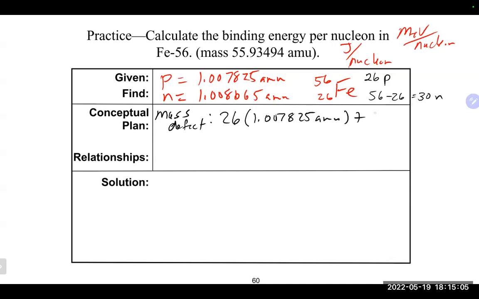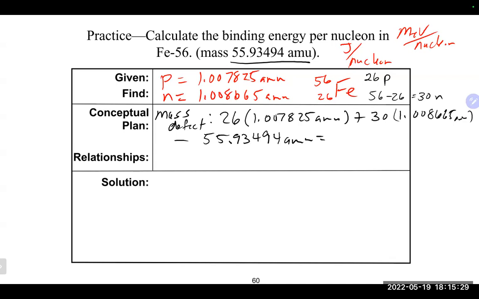We're going to add it to all of our neutrons, which is 30 times 1.008665. We're then going to subtract it from the atomic mass of the isotope there, which is 55.93494. Too many numbers.